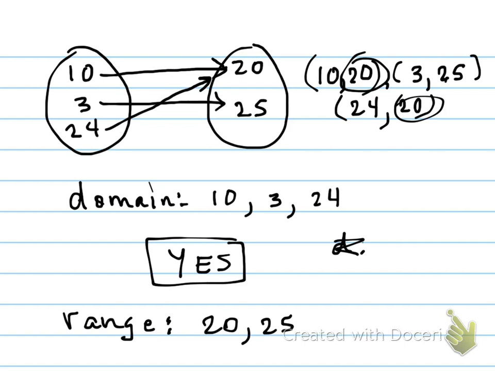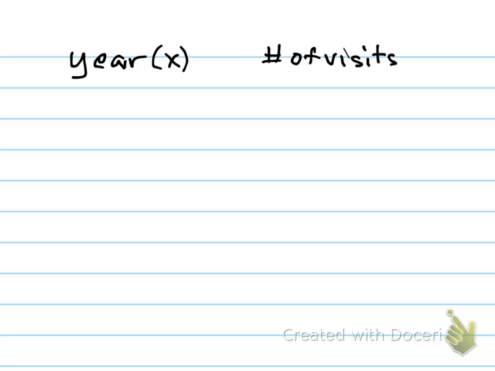Now they give you some information in a chart, but this time they give it to you a little bit differently. This time they say that there are years, but they tell you that those are your X values. And then they tell you the number of visits, but they also tell you that those represent your Y values.